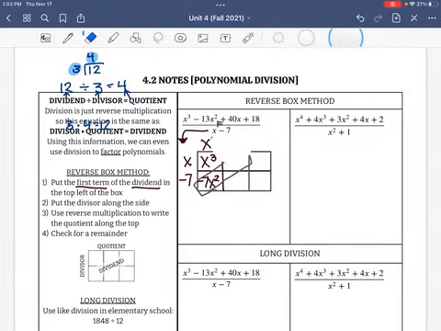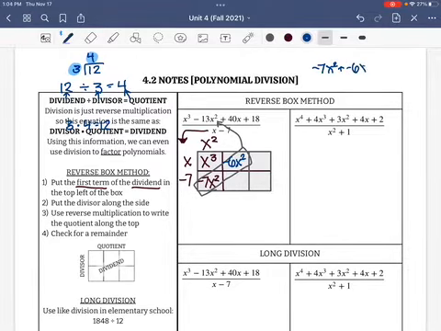So the question you need to ask yourself is, what number do I need to add to negative 7 to get negative 13x squared? Negative 6x squared. Because negative 7x squared plus negative 6x squared equals negative 13x squared.